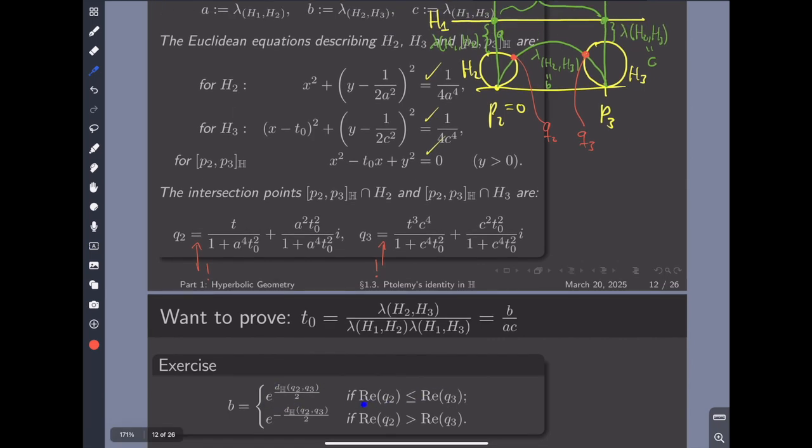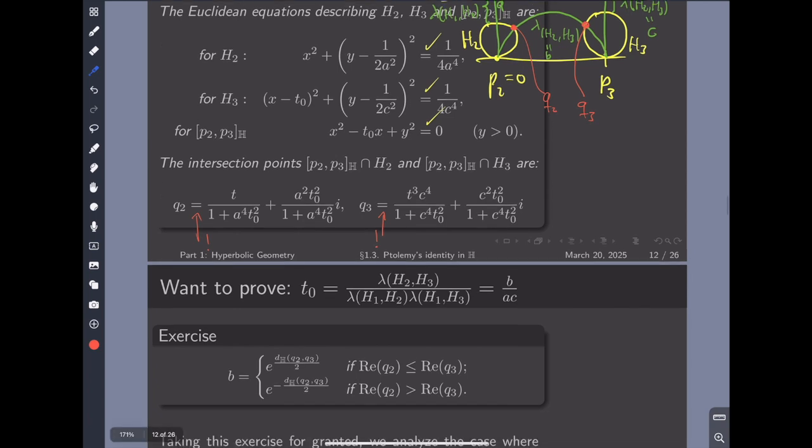Here I'm saying if the real part of Q3 is greater than the real part of Q2, and here you see I'm already using this fact. Okay, sorry, let me finish stating this. Or minus this. In this case you see I'm already using the fact that here one has to put a plus and here one minus in these situations.